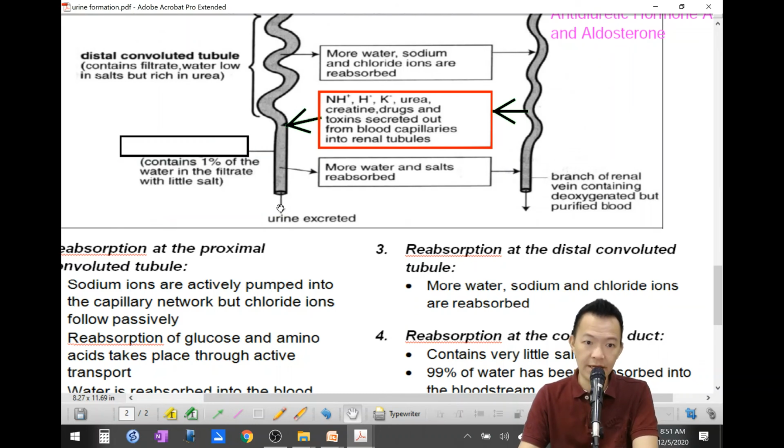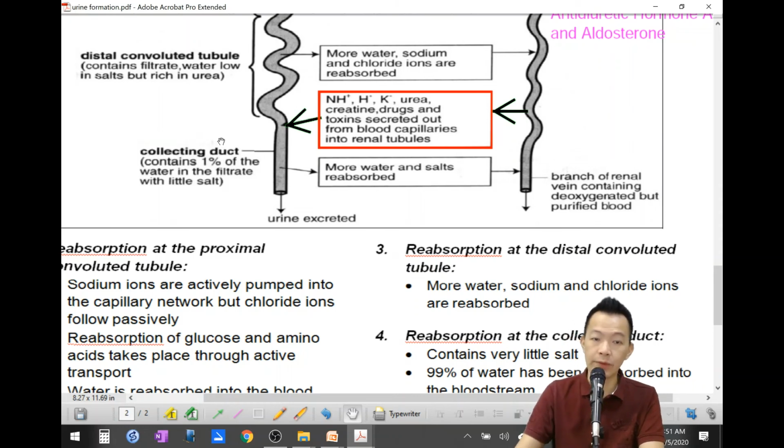The collecting ducts collect the waste material from different distal convoluted tubules and finally send it to the ureter, bladder and urethra to be excreted.